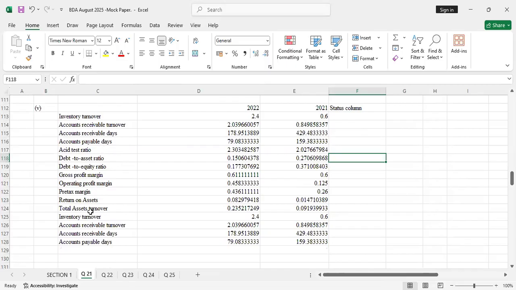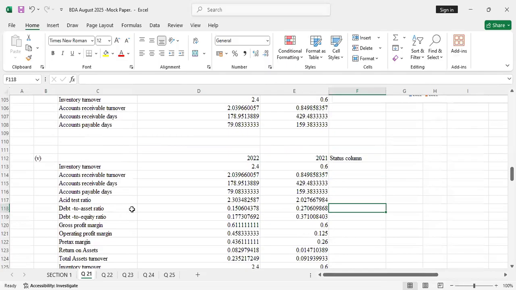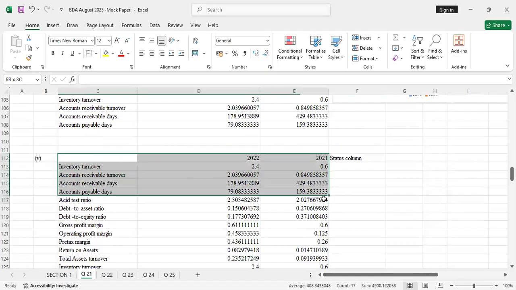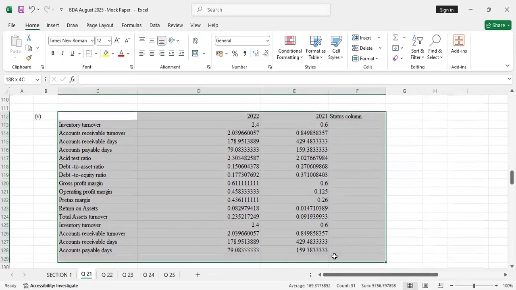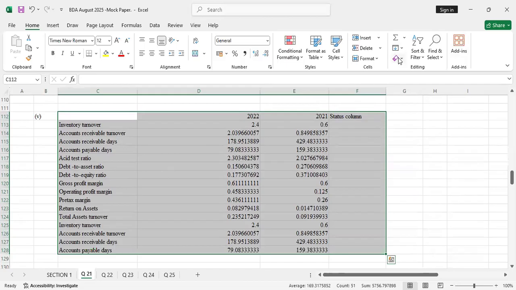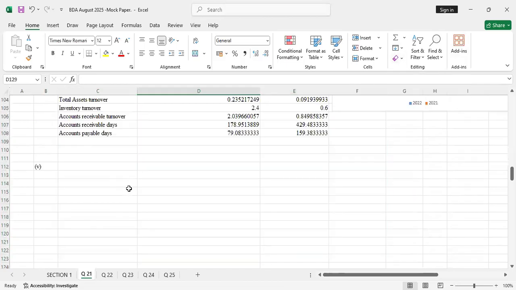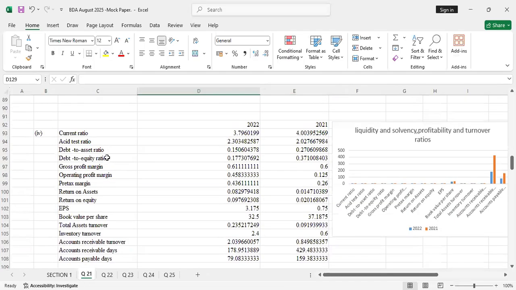What is the current ratio here? I don't see it. So let me delete this, then I copy again. Clear all. So yeah, this is the data from the current ratio.